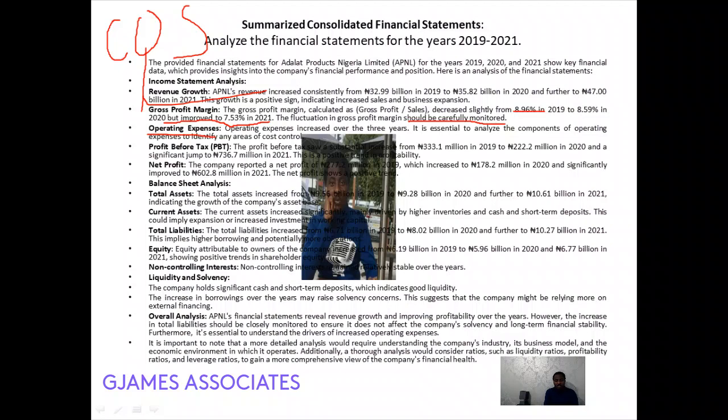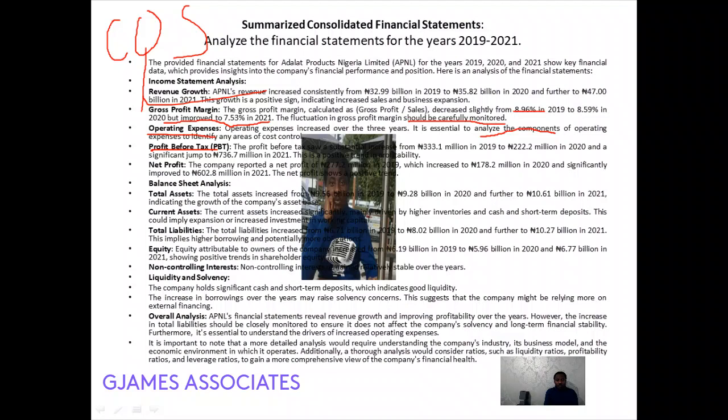So it is essential for you during the exam to analyze the components. As you can see, we do not have time to analyze the components here. But please analyze some of the components. During the exam, you may not be able to analyze everything, but analyze some of the components, that is, the expense line items. Coming to profit before tax now.